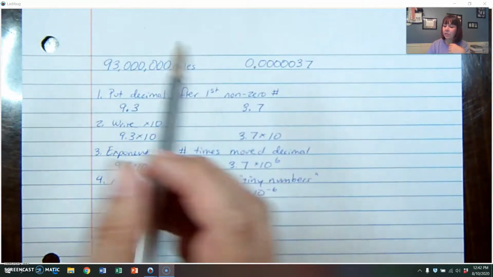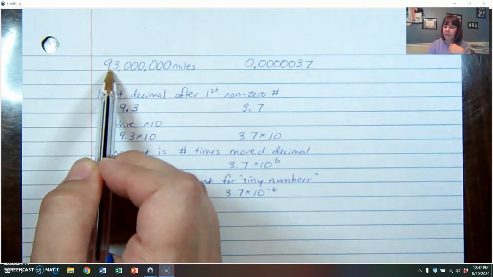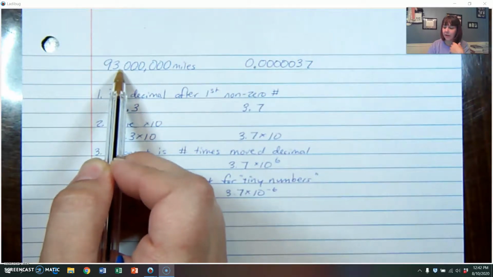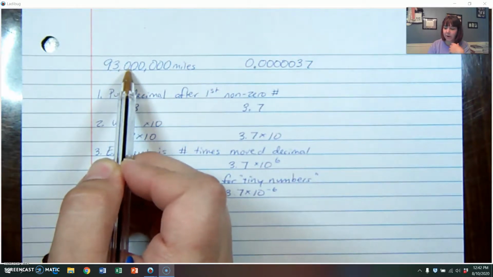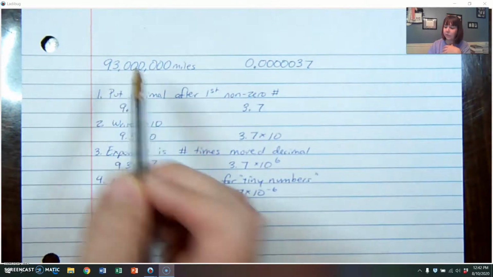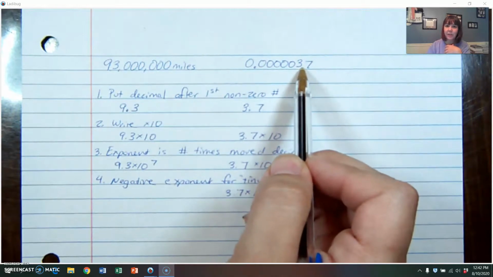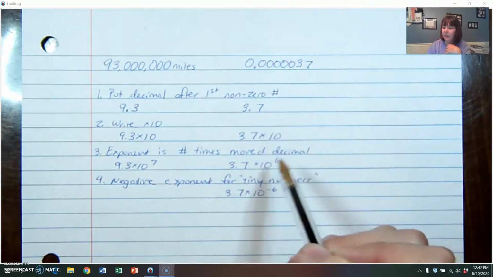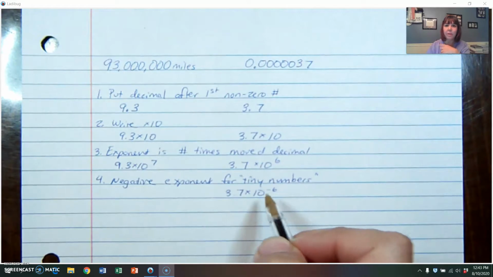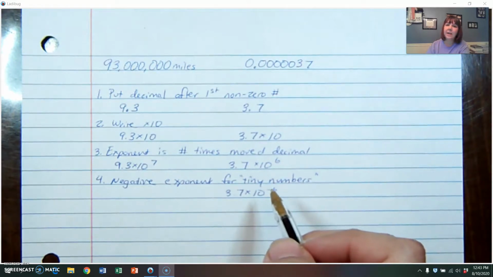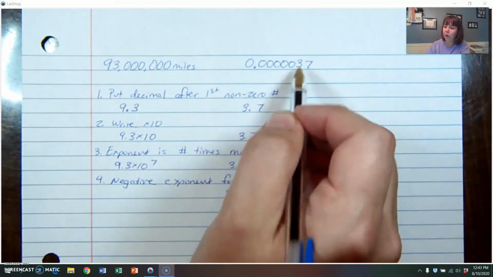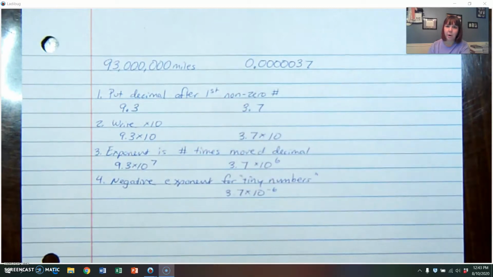Because what's happening is you've got 9.3 times 10, 93, times 10, 930, times 10, and so forth. So you're saying times 10 7 times. Here you're not multiplying by 10, you're dividing by 10. And so that negative 6 here means that you have divided by 10 6 times to go from where you were to the entire number.